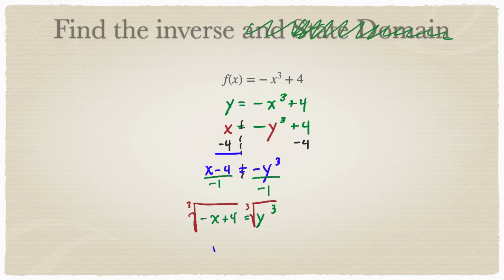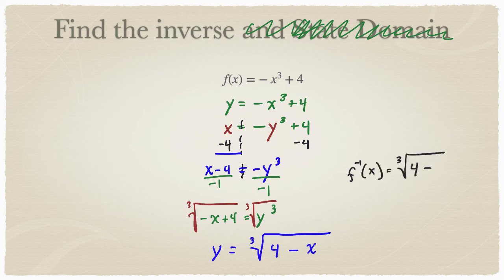And when I do this, I get y equals the cube root of, and instead of negative x plus 4, I'm going to put 4 minus x. It's the same thing. And then lastly, we'll write it in function notation for our final answer. And there we go. That is the inverse function.